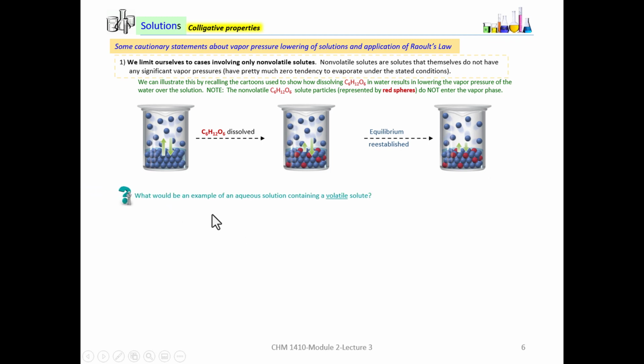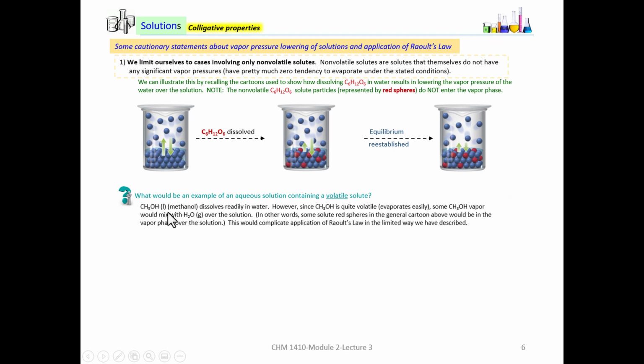Now, what would be an example of an aqueous solution containing a volatile solute? If you dissolve methanol in water, and it does dissolve quite readily in water, you'd have a solution, of course, of aqueous methanol. However, methanol itself is quite volatile. It evaporates easily. And if that would be the case, some methanol vapor would mix with the water vapor over the solution.